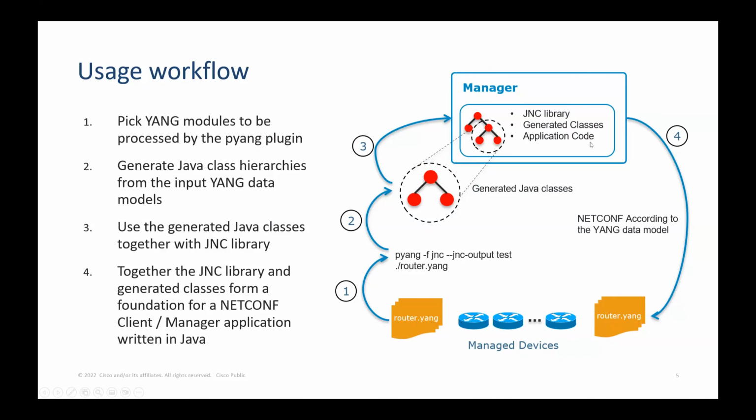The classes as standalone ones are not usable, but we use them to define whatever processing we need in our manager written in Java, together with the JNC Java library. And that allows us to exchange messages with the end device, specifically for the used and provided Yang module.